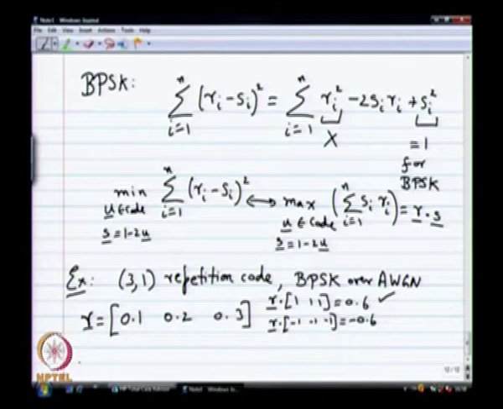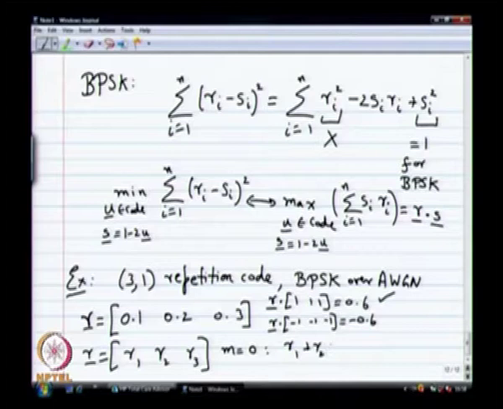So, let us try and write down a general expression. Suppose I do not really give you the R, say r1, r2, r3. Okay. What are you going to do? You are going to do a dot product with 111 and compare it with the dot product with minus 1 minus 1 minus 1. So, what is the condition that m is 0? M is 0 if r1 plus r2 plus r3 is greater than minus r1 minus r2 minus r3. Now, you can bring this to this side and you will get 2 times r1 plus r2 plus r3, and 2 is clearly positive.